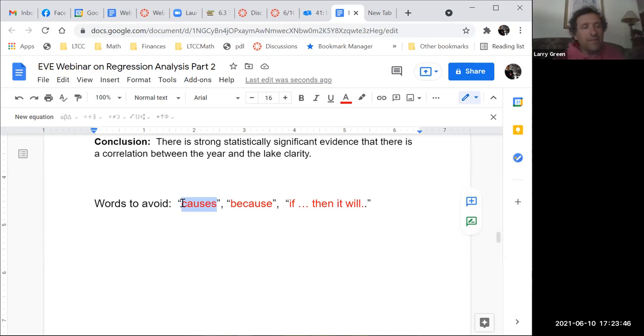So let me give you an example. This was done probably 70 years ago or so. They were looking at how many cigarettes people smoked and how long people lived.